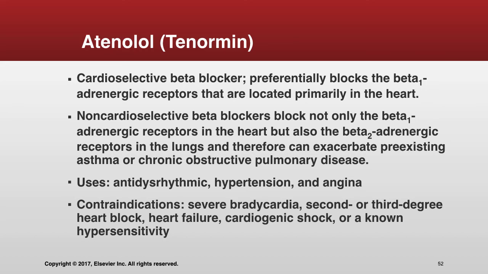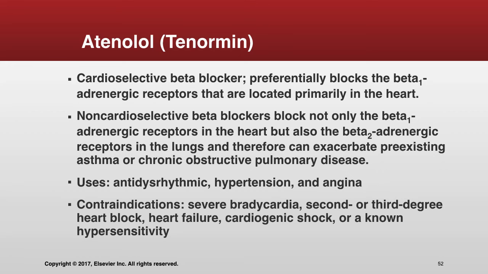A drug that we would see in this case, though, is atenolol. It's a cardioselective beta blocker. It preferentially blocks the beta 1 adrenergic receptors that are located primarily in the heart. It's also a non-cardioselective beta blocker that blocks not only the beta 1 adrenergic receptors in the heart, but also the beta 2 adrenergic receptors in the lungs.